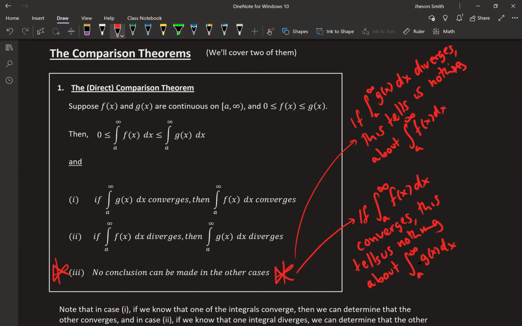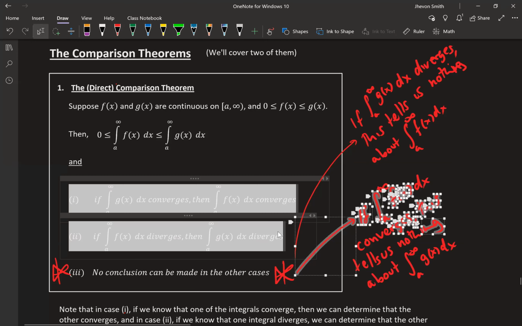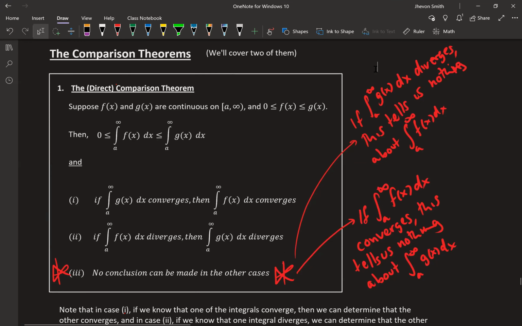Similarly, if your upper one diverges, goes off to infinity, then your lower integral could either go off to infinity as well, or it can stop at some number before that, and it will still be less than or equal to infinity. So there's no way for you to actually tell the difference. However, in these first two situations, you can definitely tell the difference. If the upper one converges, the smaller one must converge, and if the smaller one diverges, then the upper one must diverge. This is called a direct comparison test.